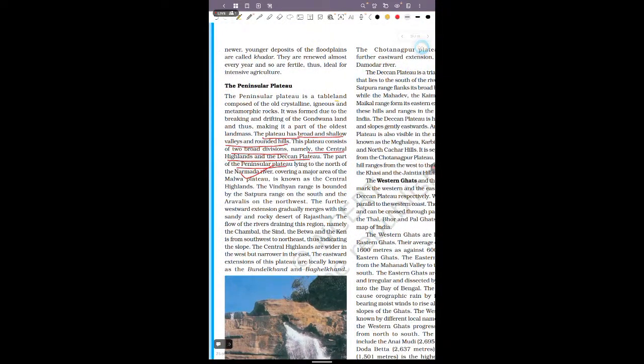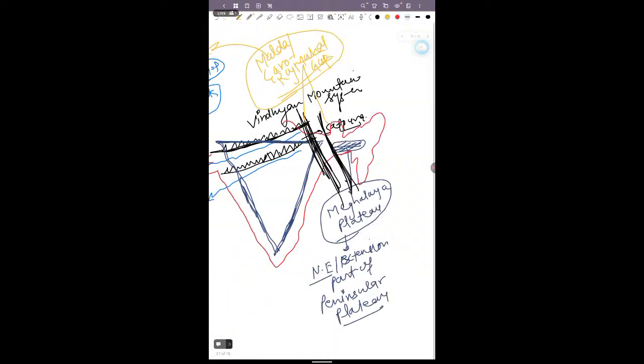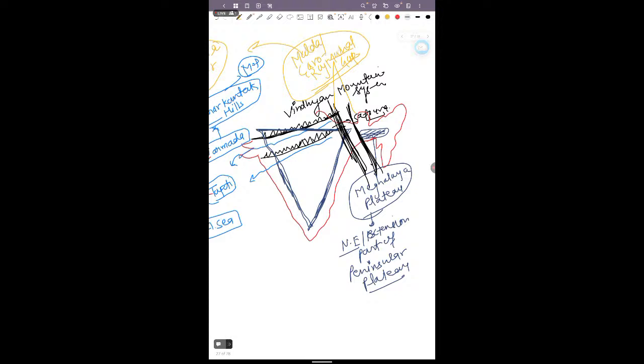And if we draw the complete map, at this region here, the Aravalli hills are also found.